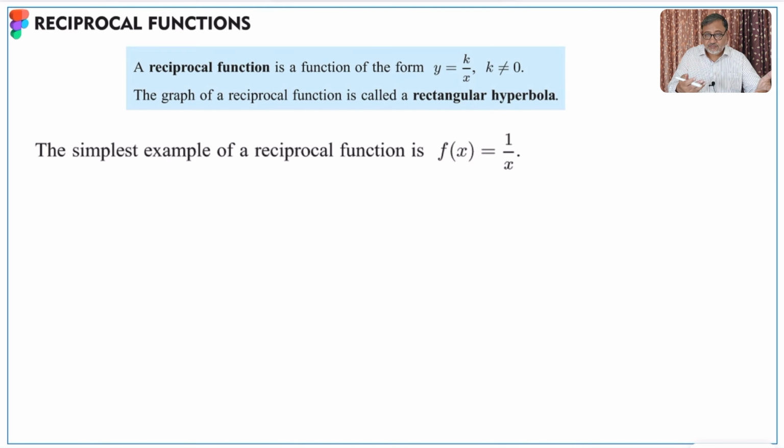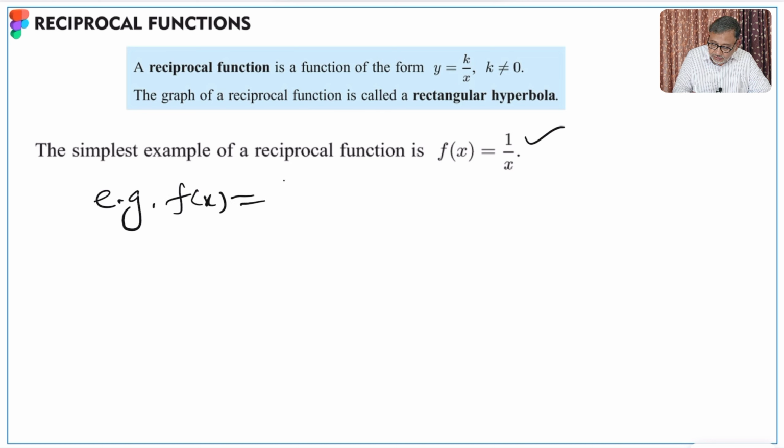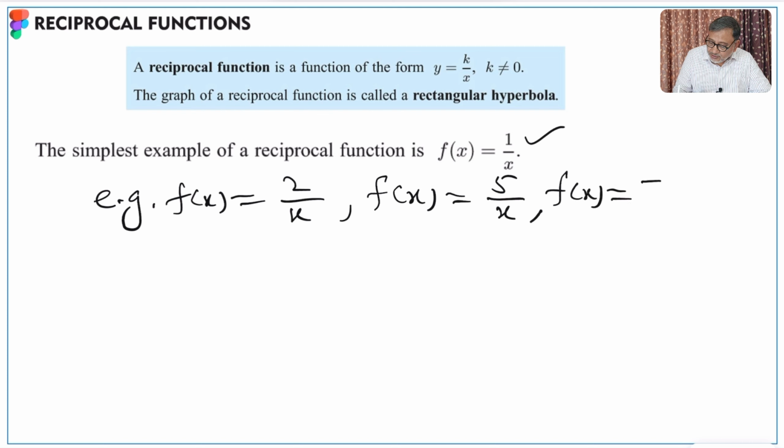Okay, then now the reciprocal function, right? Reciprocal function means when the x terms are in the denominator. For example, I can write f of x is equal to 2 over x, anything like this. f of x is equal to 5 over x, or f of x is equal to negative 10 over x.